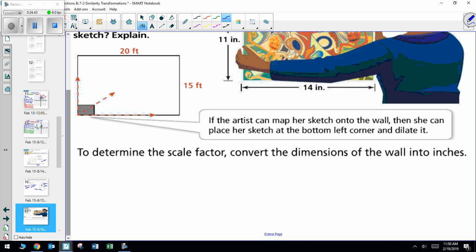So I have 20 times 12 and 15 times 12. That's going to give me, what, 240, 2400, I want to say. Right, and 15 times 12, 180.